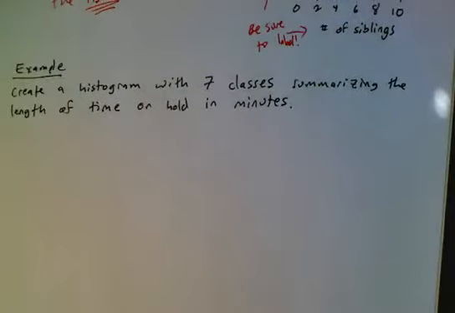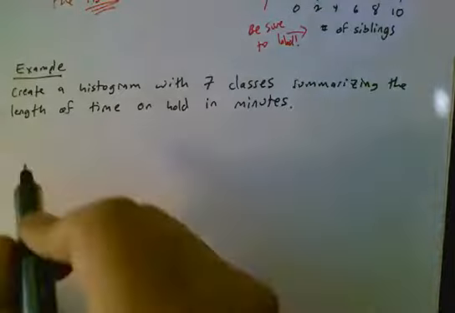Okay, we're going to create a histogram of 7 classes summarizing the length of time on hold in minutes. And the data set that we have for that is as follows.